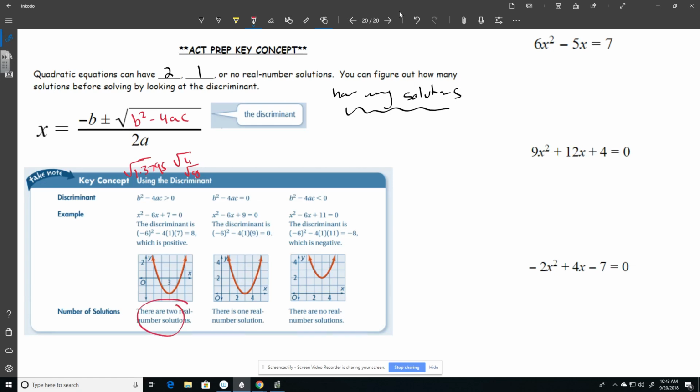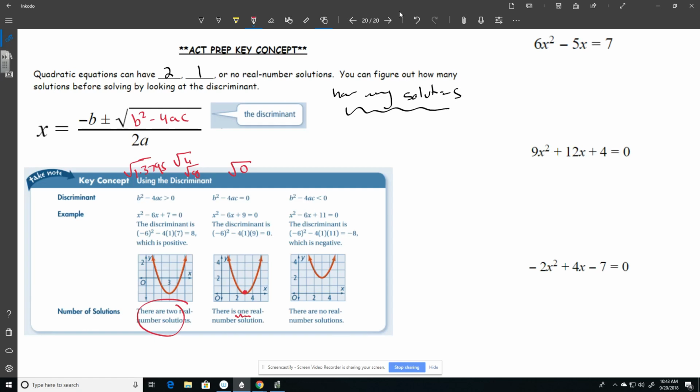And the graph looks something like this. It crosses twice. If b squared minus 4ac is equal to 0, if you end up with the square root of 0, then there's only 1 solution because the graph only touches the x-axis. It doesn't cross over it.